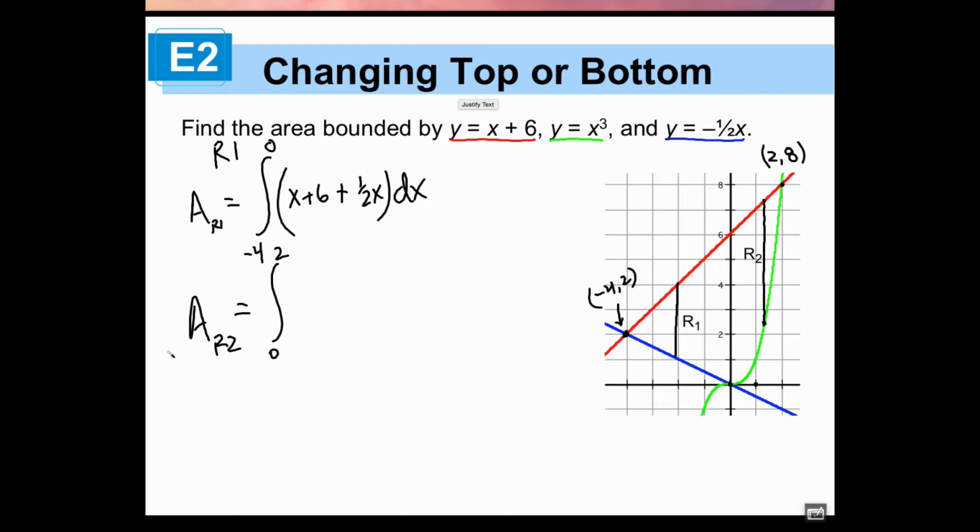What's the area of that rectangle? x plus 6 minus x cubed. Minus x cubed. Yeah, that's perfect. How wide is that rectangle? dx. Done. Good. Any issues there?